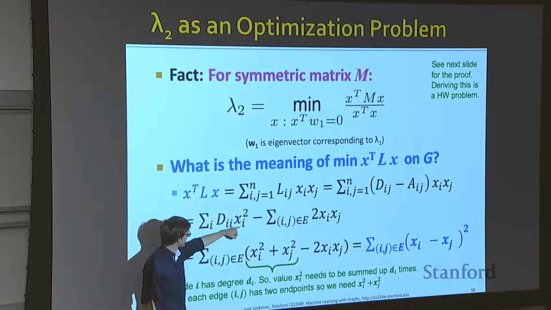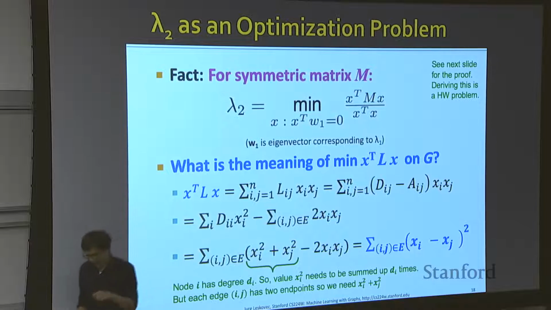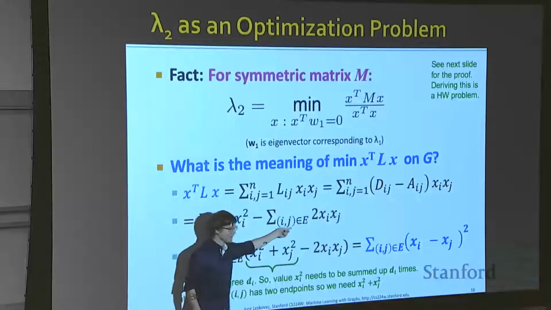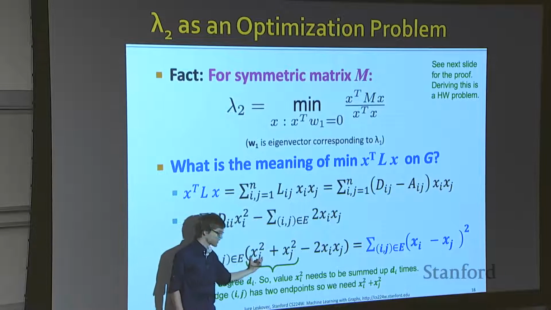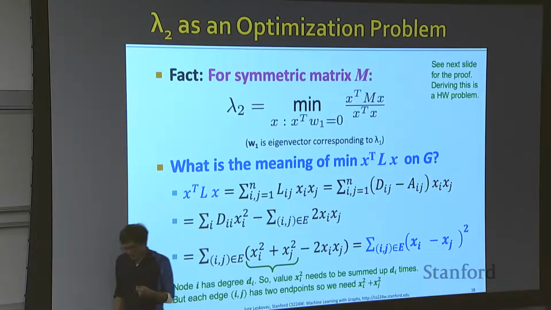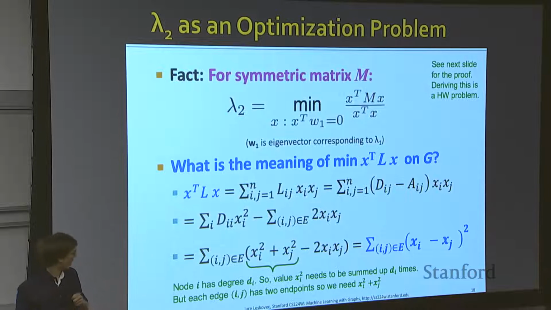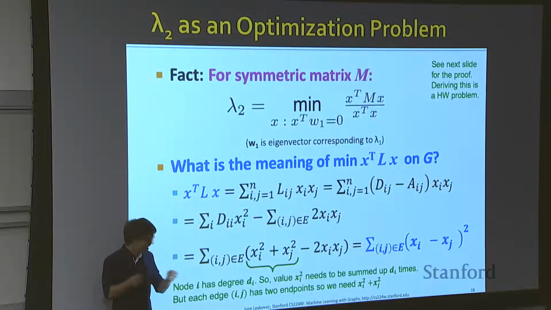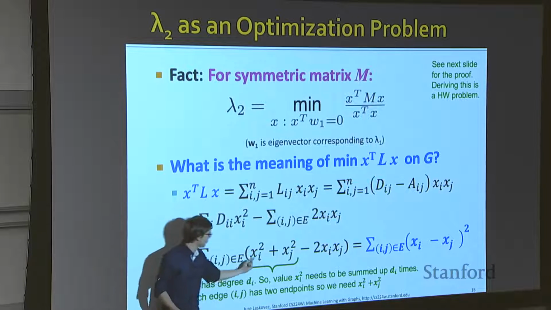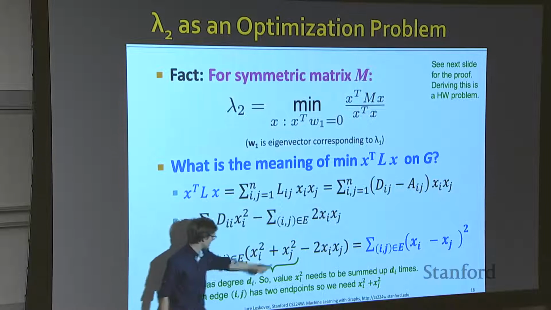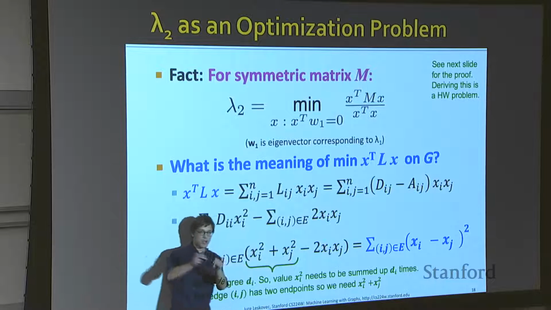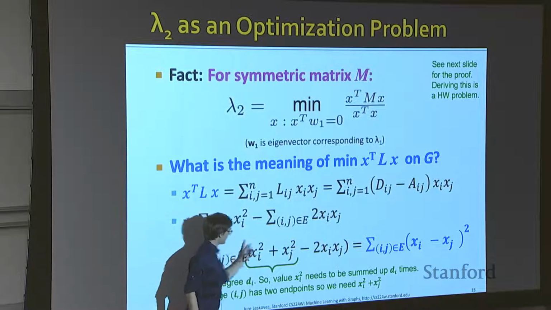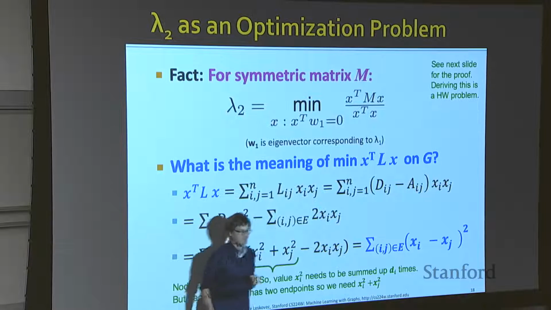Here I'm taking xi squared and multiplying it with d. So if I go over the edges and put xi squared here, I also get it d times. But because every edge has 2 endpoints, I have to take both endpoints, so I have xi and xj, the endpoints of that edge ij.